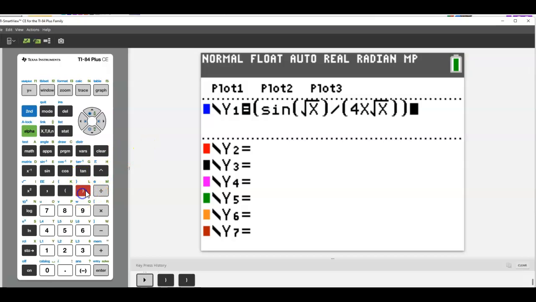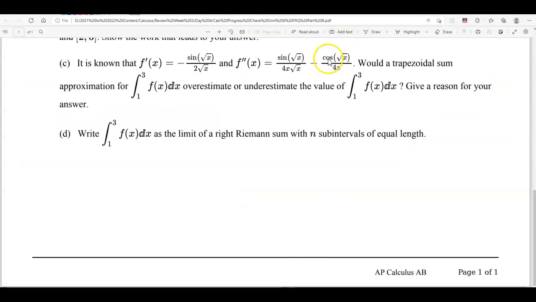All right, and then I'm going to close the parentheses for that fraction. And then we have the next fraction, which is cosine square root of x over 4x.